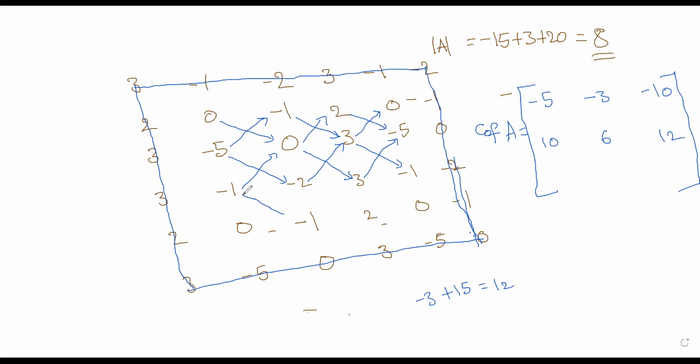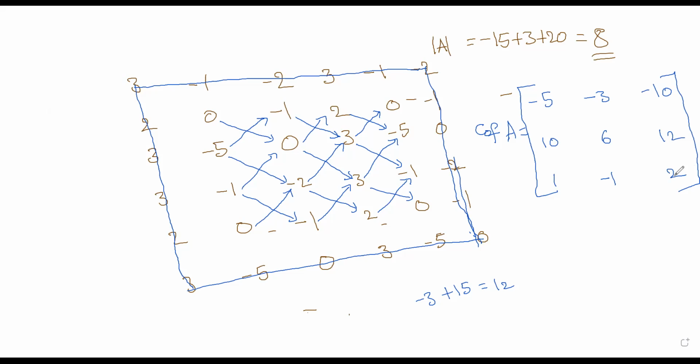Now, the third row. This is 1. Minus 4 plus 3, that is minus 1. And then this is 0 plus 2, plus 2.